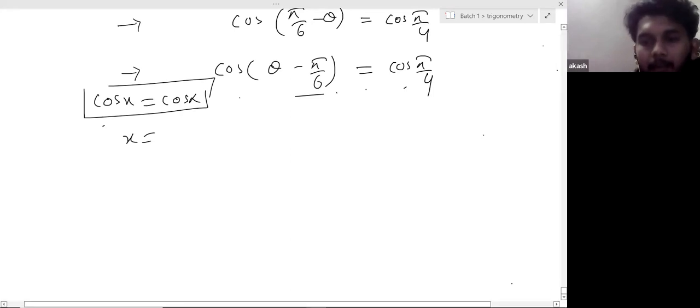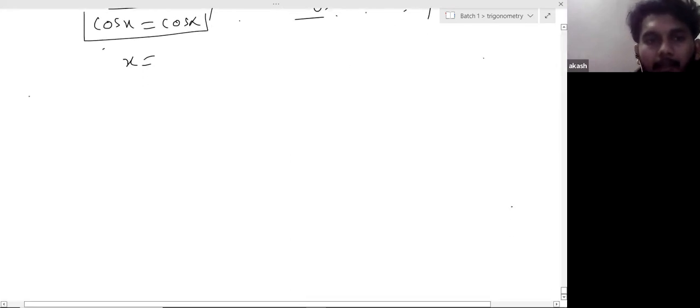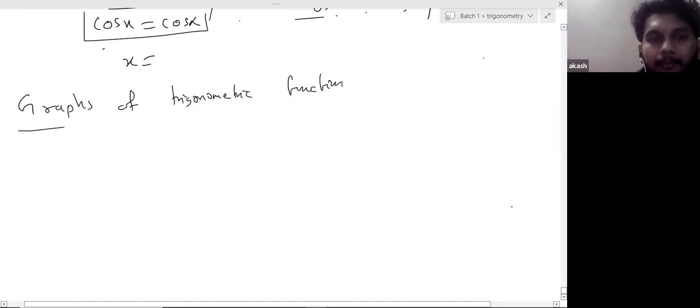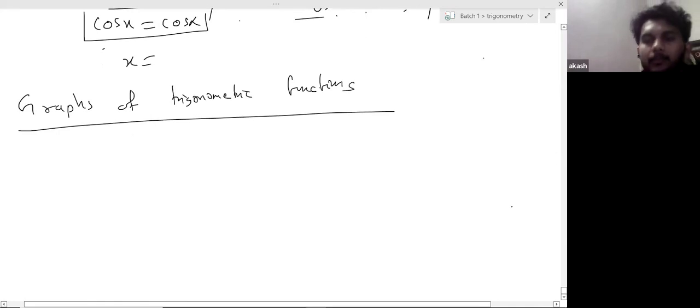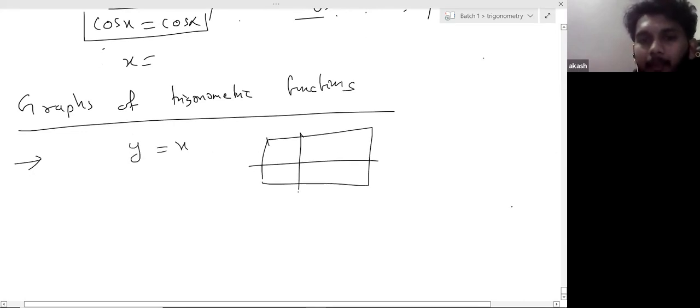Write down graphs of trigonometric functions. So since childhood, you know how to draw a graph. If I ask you to draw the graph of this, what will you do? You make a table. You will write x here, y here. We'll put different values.